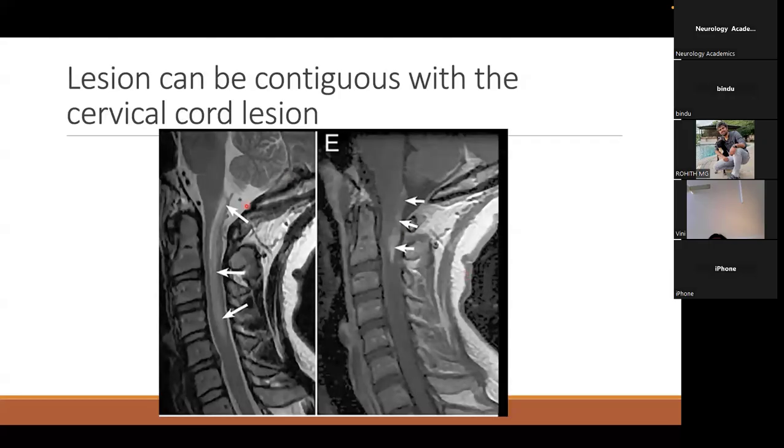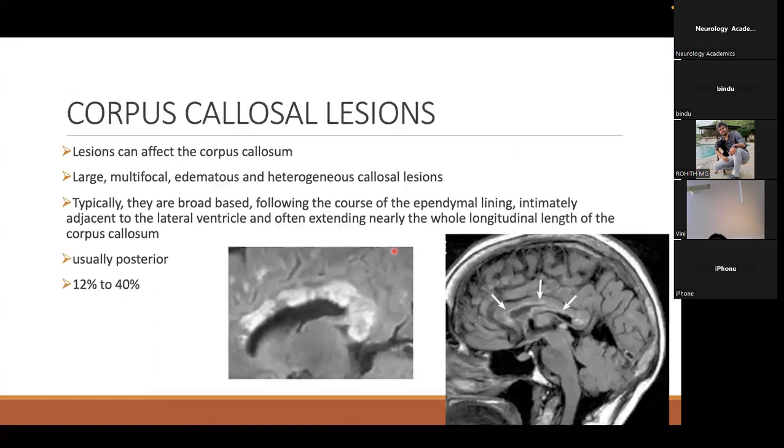Sometimes these lesions can extend to the cervical cord, mainly in the periependymal central part of the cervical cord, as an LETM. This kind of lesion is also typical for NMOSD. In post-contrast, we can see patchy enhancement. The whole of the lesion usually won't enhance; some part of the lesion will have a patchy type of enhancement in NMOSD.